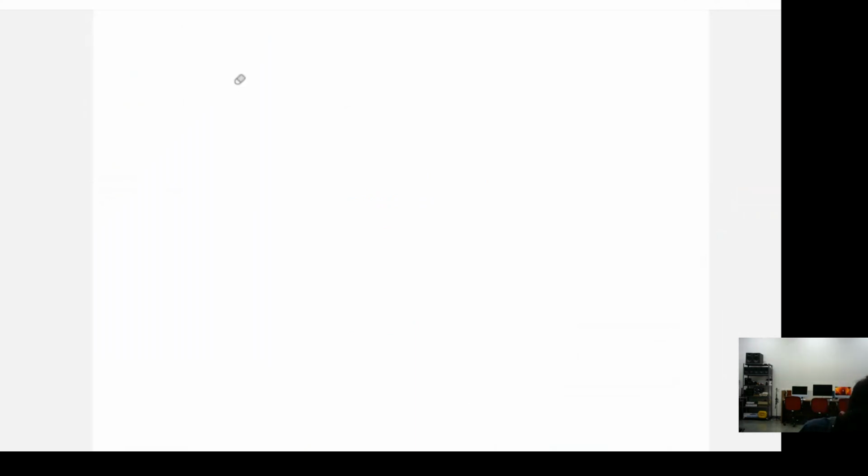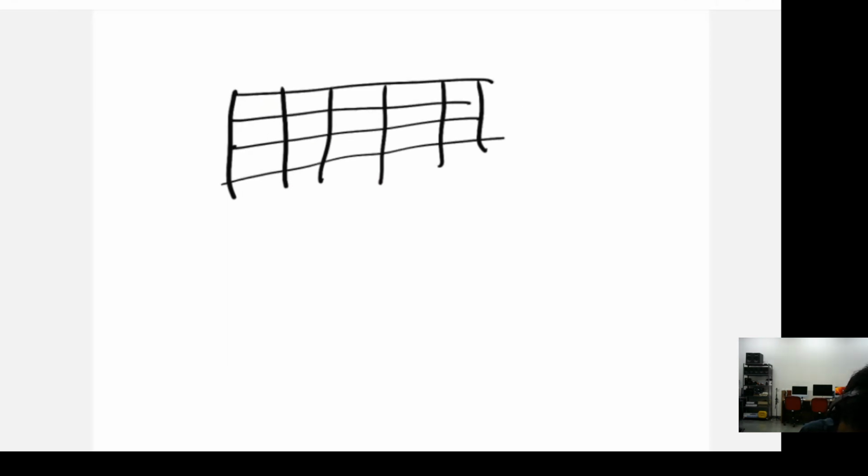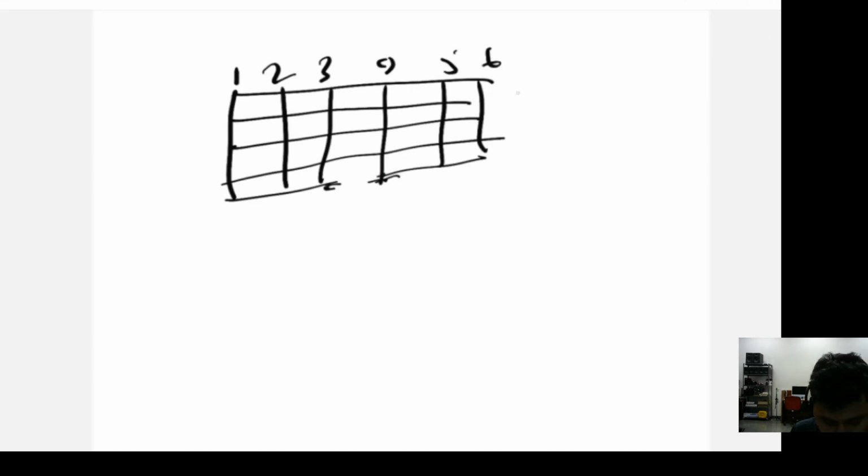They will give you n plus 2 number of vertical lines and m plus 2 number of horizontal lines, and all lines are one indexed. So suppose the numbers given are 1, 2, 3, 4, 5 and 6 on the verticals, and the horizontal lines are 1, 2, 3, 4, 5.